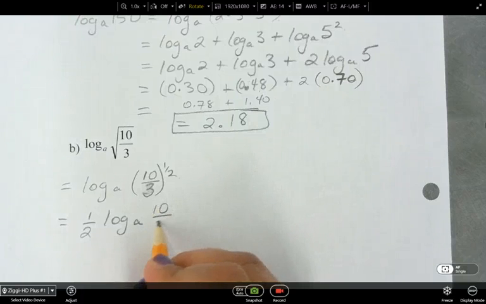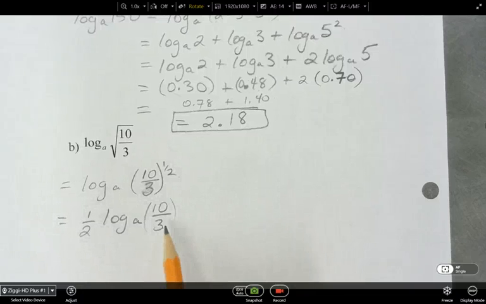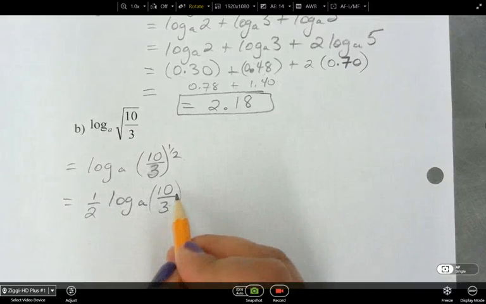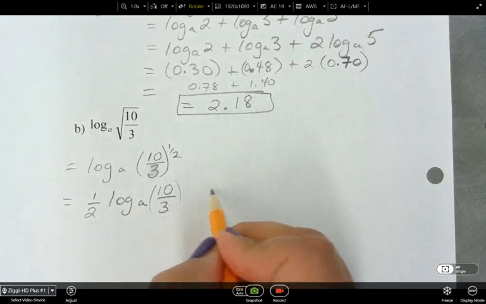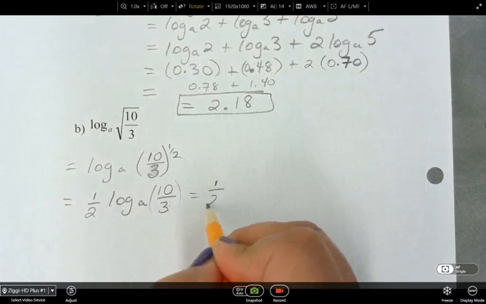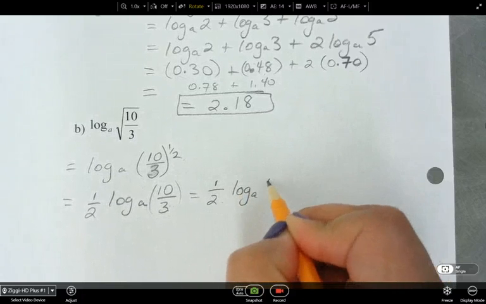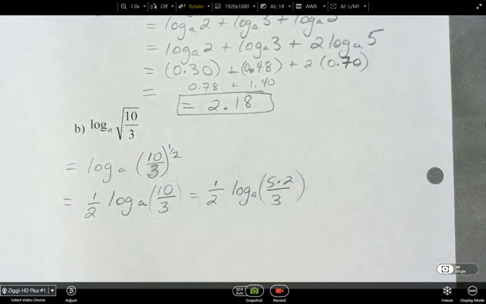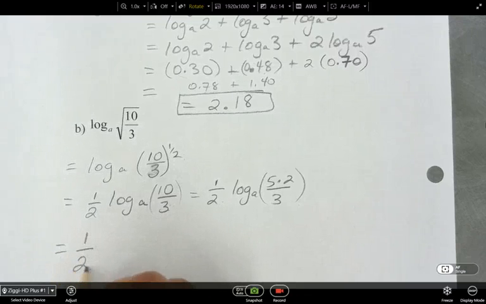10 over 3. So now we have to break this up. So we can break it up as what? 5 and 2. I'm just going to go on this side here because I don't have enough room. Log A, so 5, 2, and 3. Now I've got this 1/2 out here.